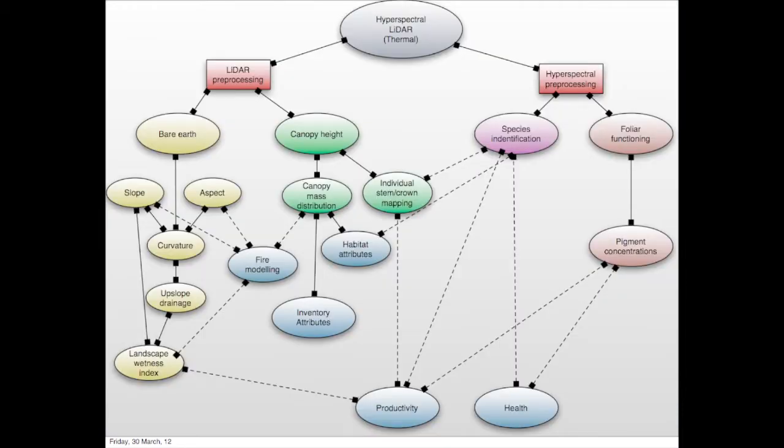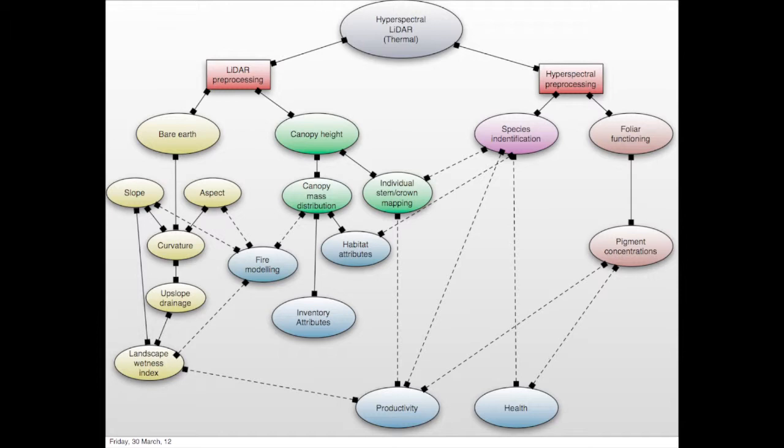Right. So once we do this, this is just another graphic to show you what we can do with this. With the LiDAR, we have bare earth. We generate all of these different products. The canopy data, we do canopy mass, which gives us what we've been talking about. Individual stem and crown mapping, and I'll show you what we do with these later.